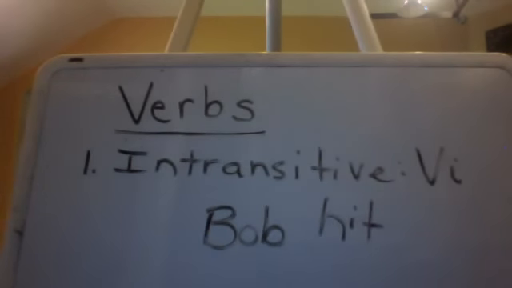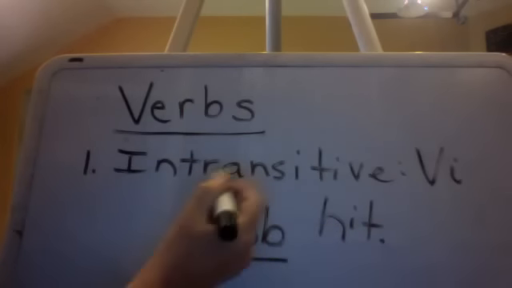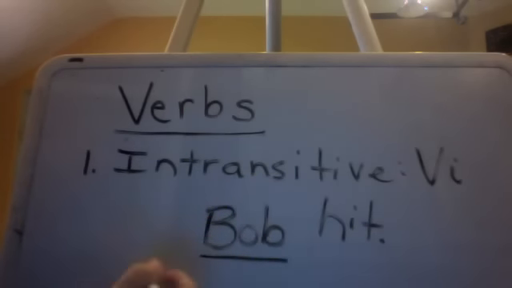Now when we look at the sentence Bob hit, it is a full sentence. The subject is actually Bob, and it's a proper noun. And the verb is the word hit. Intransitive verbs are verbs that are not followed by objects. So this verb here, hit, is actually an intransitive verb.